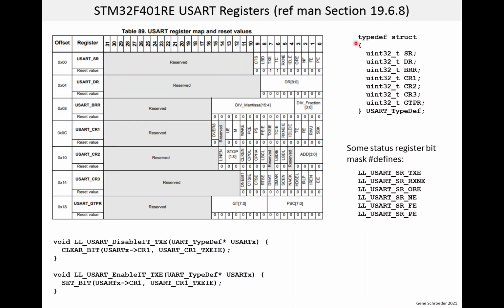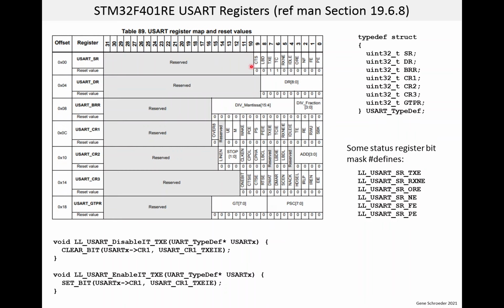Over here is some LL code, and this is a structure called USART typedef that has 7 32-bit variables, and these correspond to the 7 registers in the UART. So we will be using these structures, and we will be setting up pointers such that when we access, say, SR or DR, we'll actually be accessing the corresponding registers in the UART.